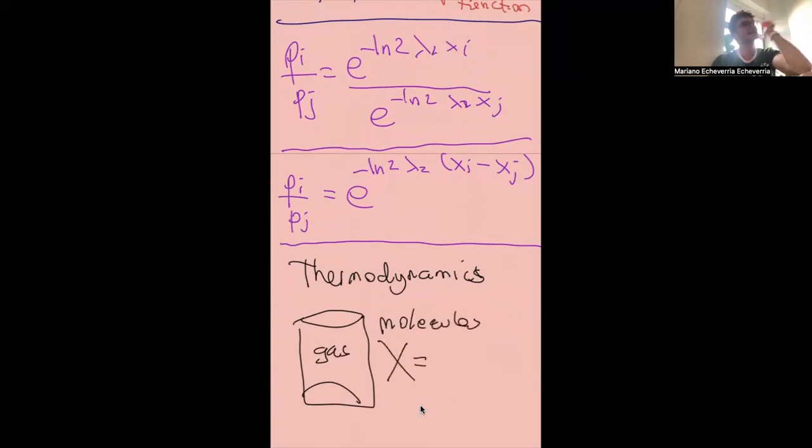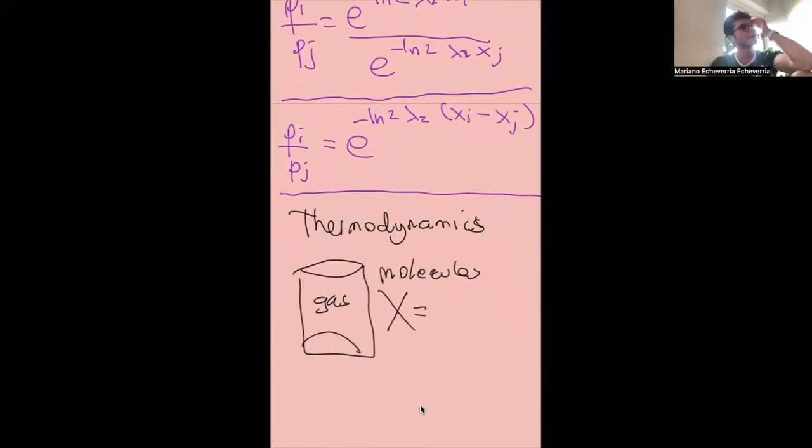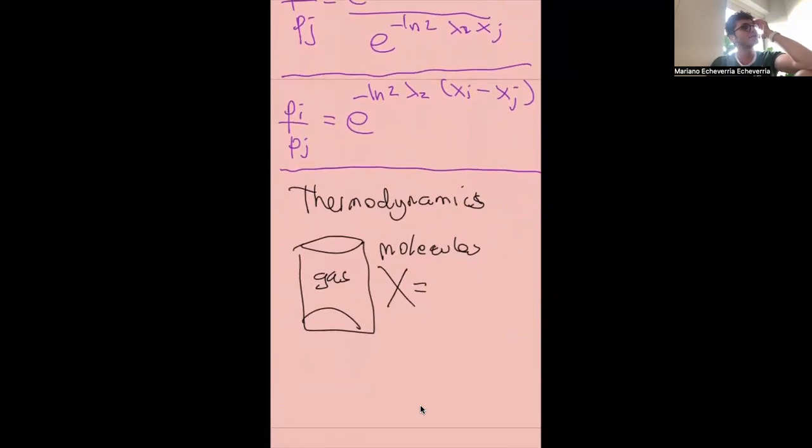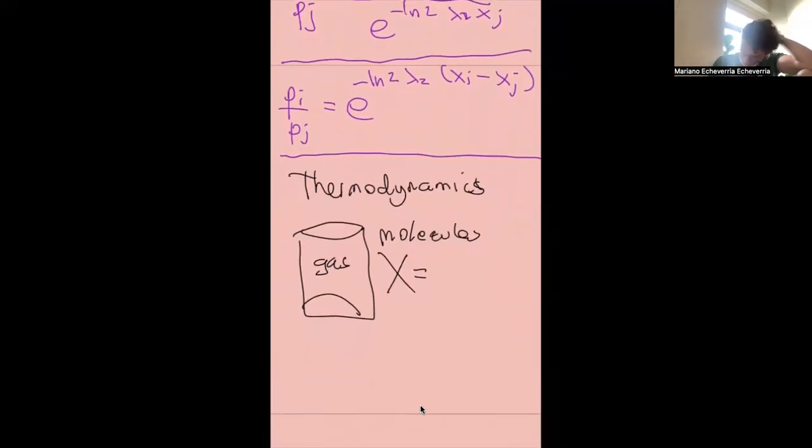So X now represents the random variable that gives you the energy that one of these molecules could have.